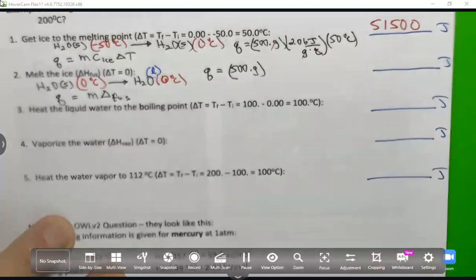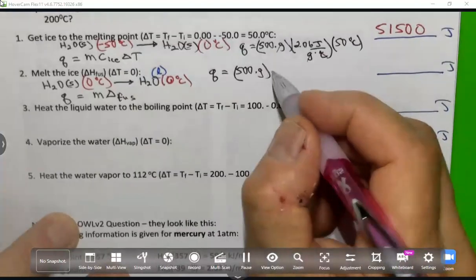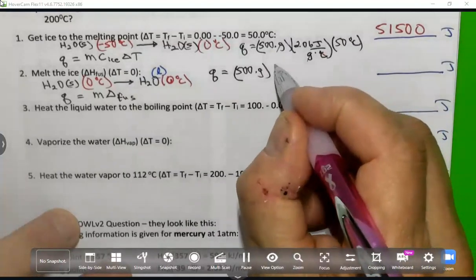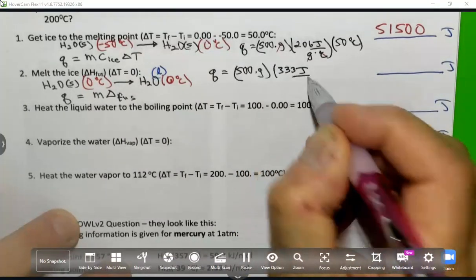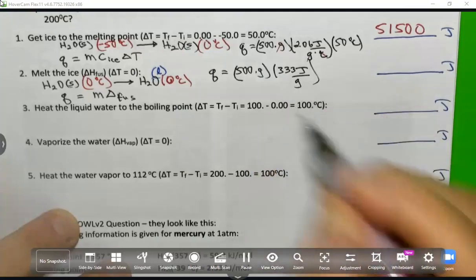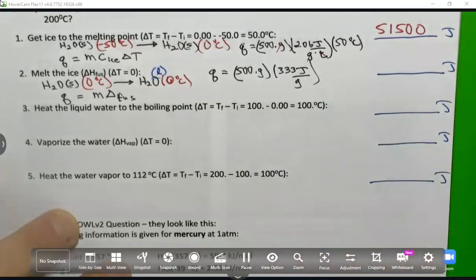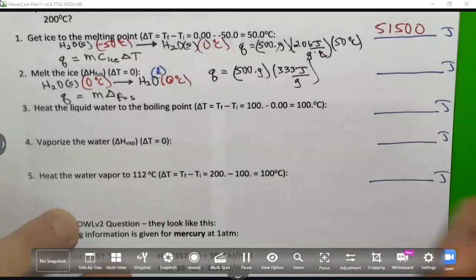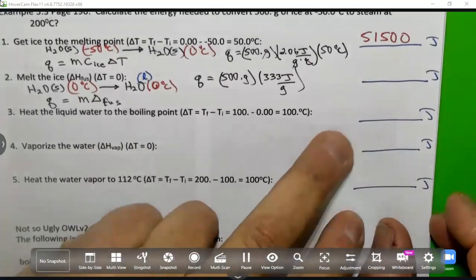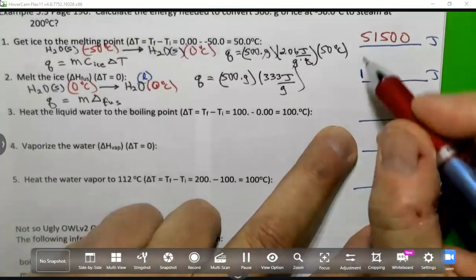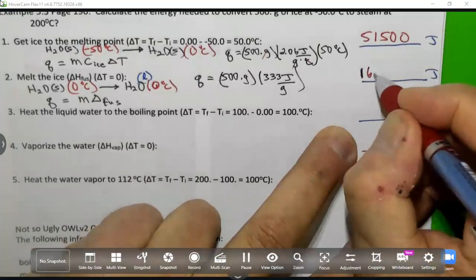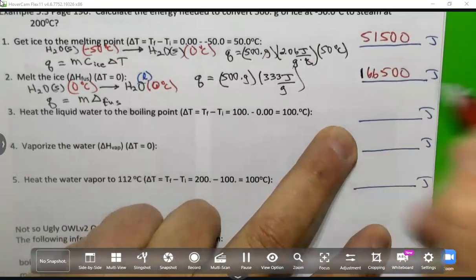And the enthalpy of fusion for ice to melt it, there is no temperature change, 333 joules per gram. It looks like I'm keeping some extra sig figs here, but if we multiply this out, 166,500.